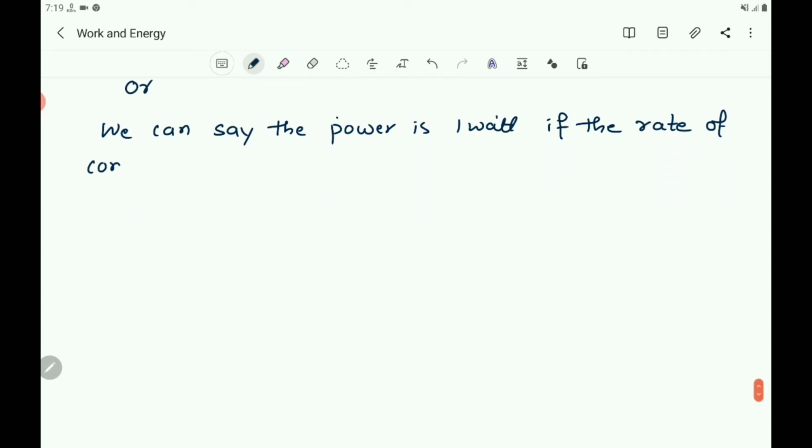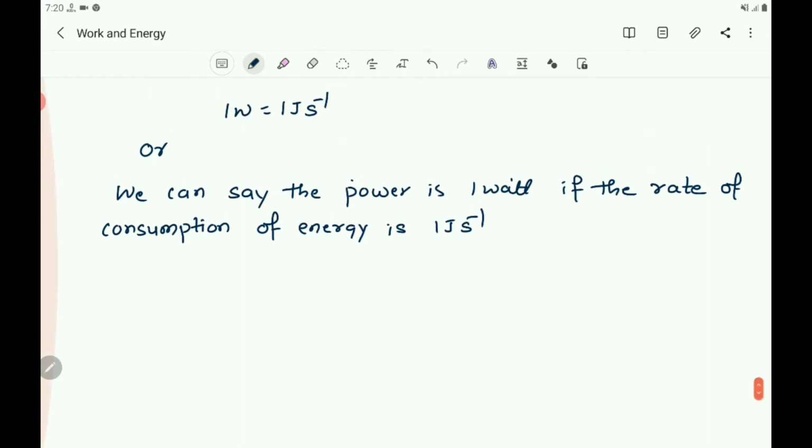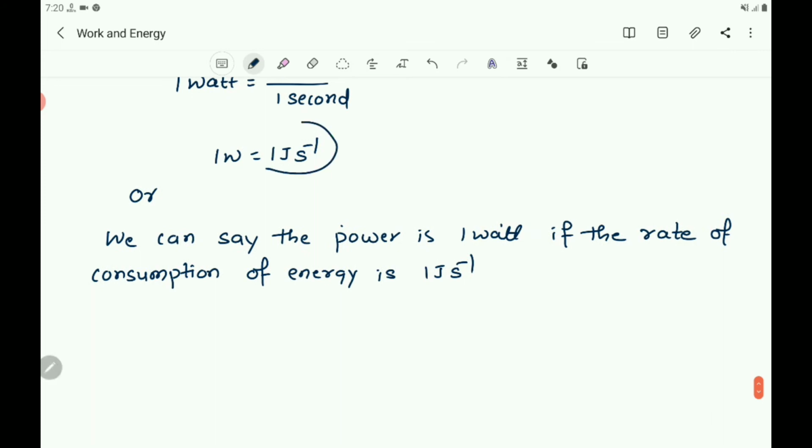We can say that the power is 1 watt if the rate of consumption of energy is 1 joule per second. So it is a rate of consumption of energy or rate of doing work. Both are 1 joule per second. 1 watt is equal to 1 joule per second.